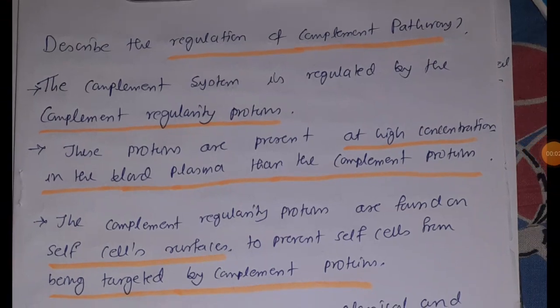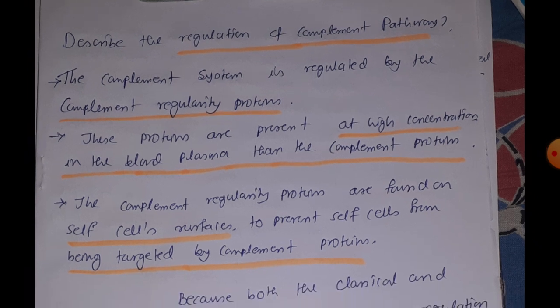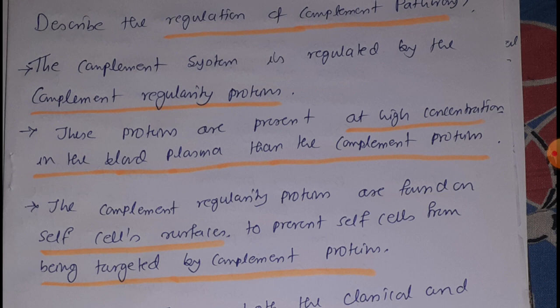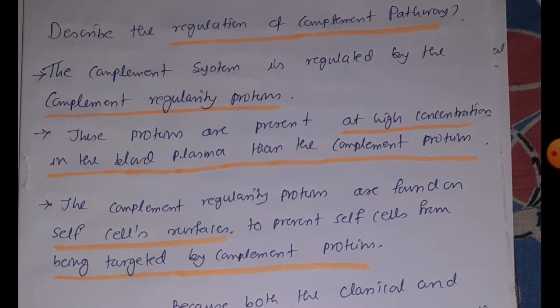So welcome back friends. In this video tutorial we are going to talk about the regulation of the complement pathway. So regulation is necessary for any kind of thing in this universe. There are various regulations available.